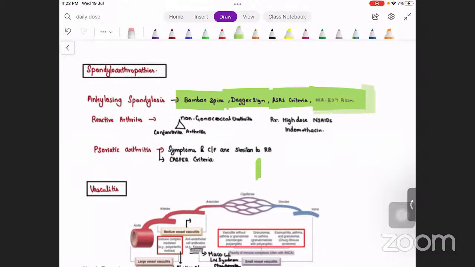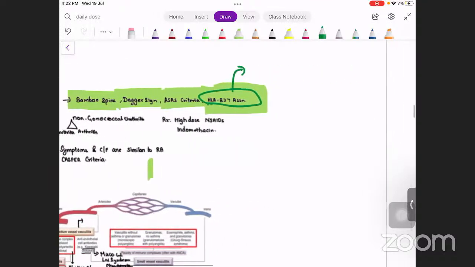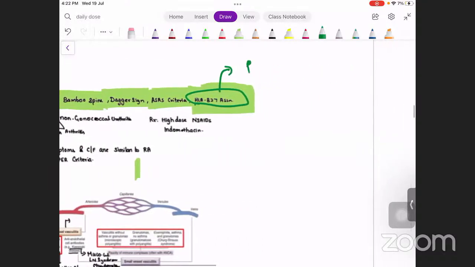In pathology, we studied all the HLA associations. As I told you, HLA-B27 is very important because it contributes to PAIR. What does the P stand for? Psoriatic arthritis.